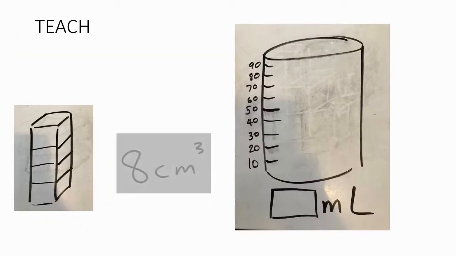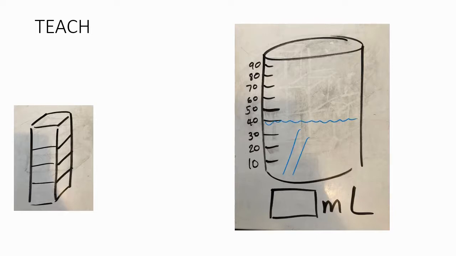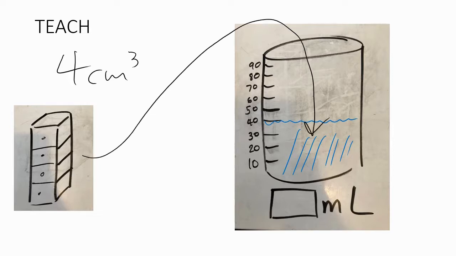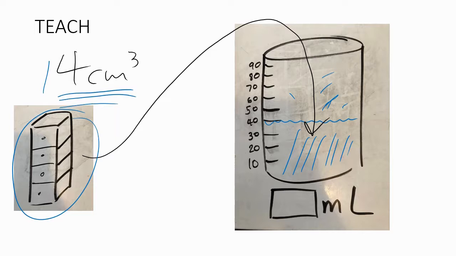Right, we're in the teach phase, and let's start with a deeper hue of water. Let's go to 40 millilitres of water. Here you go, you've got 40 millilitres of water, and we've got this wonderful object over here, which is 4 centimetres cubed, and I think you can probably see those, 1, 2, 3, 4. If I pick this up and drop it in here, with a splash, the water is going to go up 4 millilitres, because the space taken up by this object is exactly 4 centimetres cubed, which is going to shift this water up 4 whole millilitres.